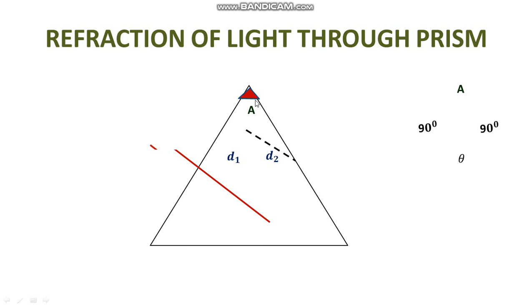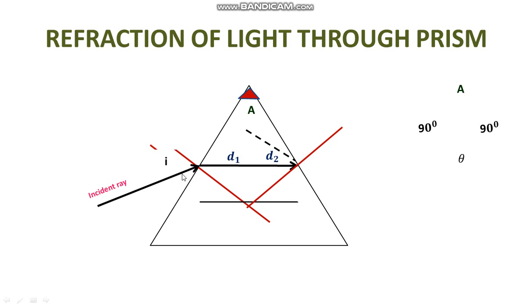This is the normal on the first surface, this is the normal on the second surface. A ray of light is incident on the first surface with an angle of incidence i. Light travels from rarer to denser medium, so it bends towards the normal. So this is the refracted ray, and this is the angle of refraction on the first surface.